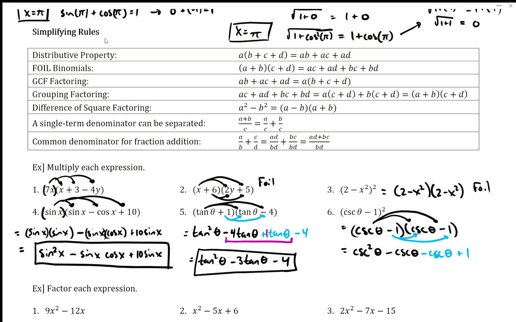And then just like the last problem, we see these two middle terms are like terms. Let's combine them so that we get cosecant squared theta minus 2 cosecant of theta plus 1. The two middle terms combined, a negative 1 and a negative 1 makes negative 2, just like that.